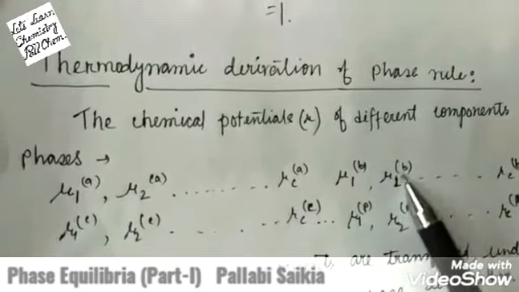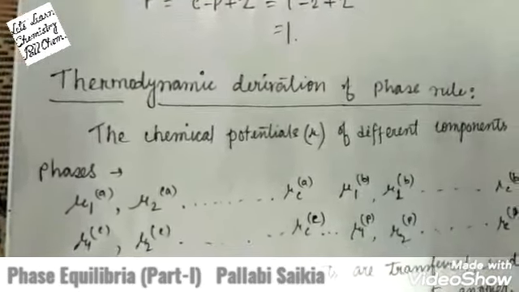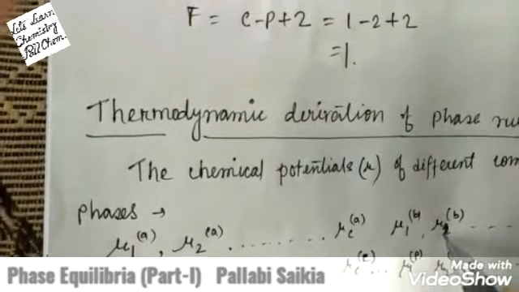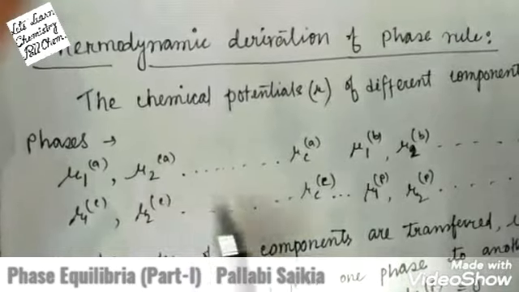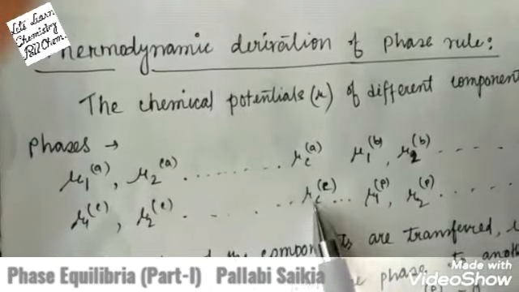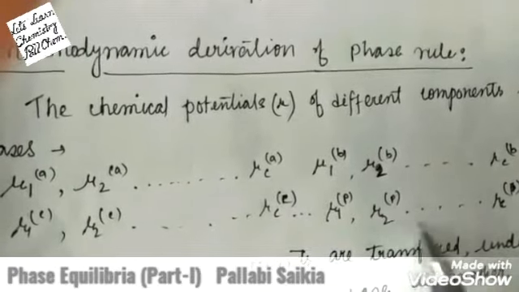Mu1 for phase B, mu2 for phase B, mu C for phase B. Similarly, mu1 for phase C, mu2 for phase C, mu C, component number C for phase C, up to mu1 P, mu2 P, up to mu C for P phases.